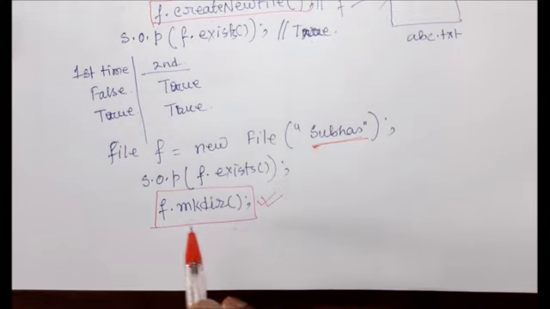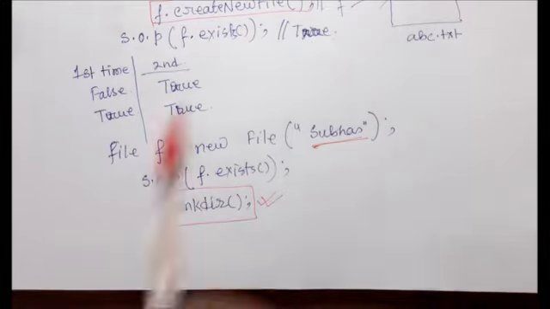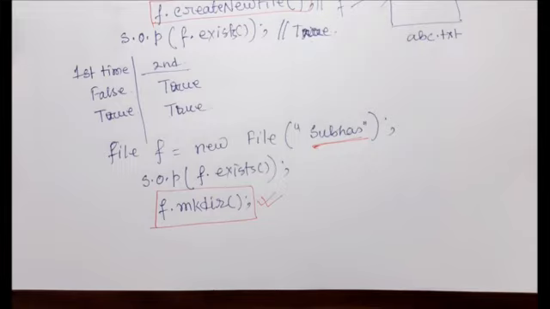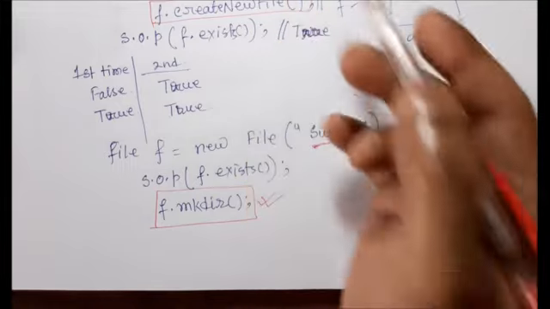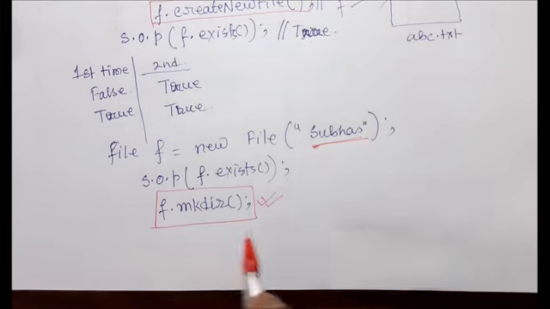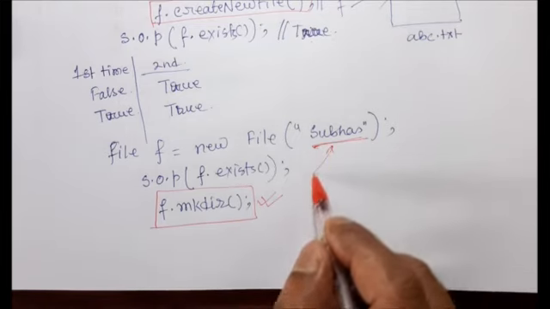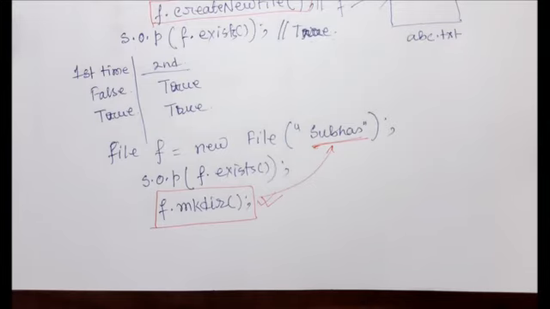If I use f.mkdir, that means I am going to create a directory, and if I use f.createNewFile, that means I am going to create a file with this file name, right. And if I use mkdir, it means with this directory name I just want to make a directory. So, you need to understand what you are going to create, whether a file or a directory. Based on that we can use the constructor.